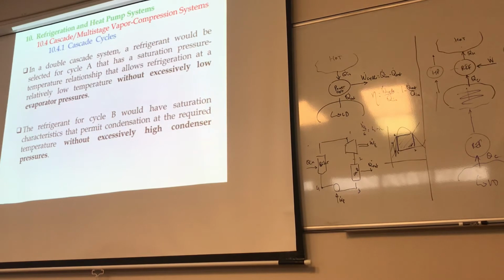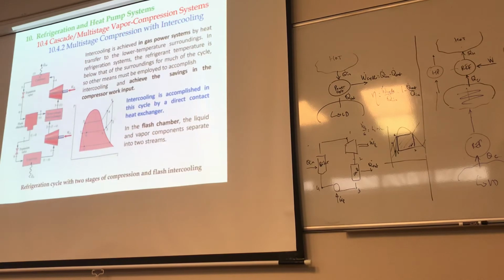In a double cascade system, the refrigerant selected for cycle A has a saturation pressure that allows refrigeration at a relatively low temperature. That's why we call it the low temperature one. And B would have a saturation pressure that permits condensation at the required temperature without excessively high condenser pressure. So, low temperature and high one.